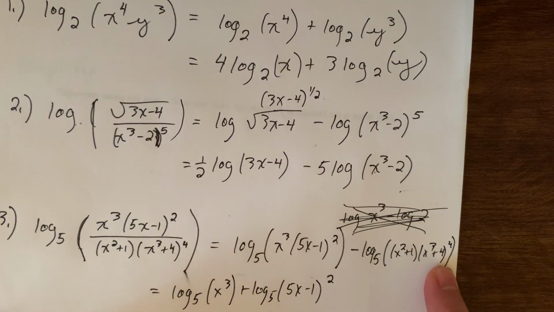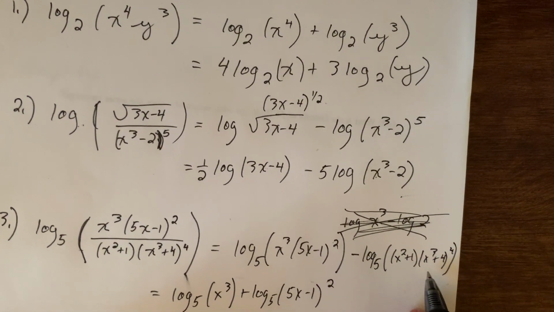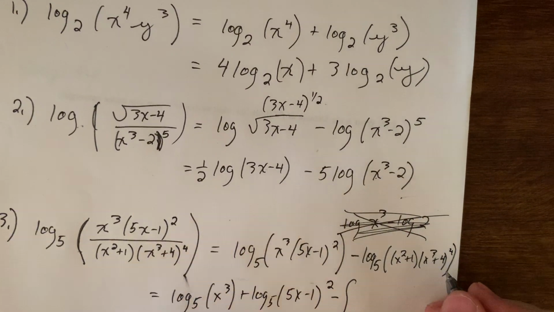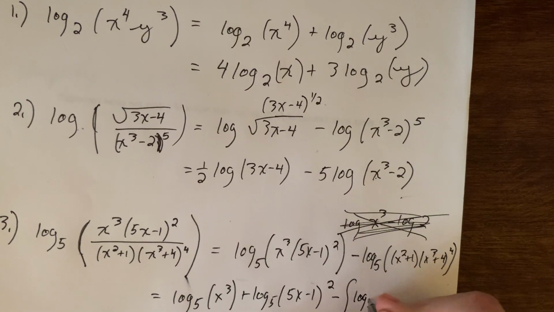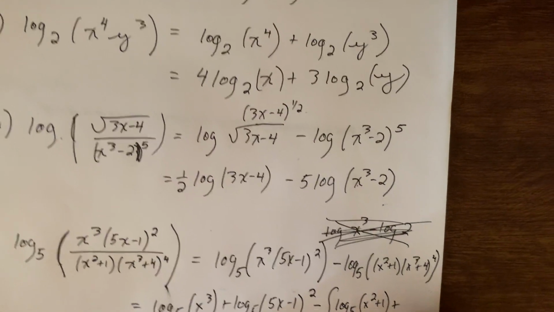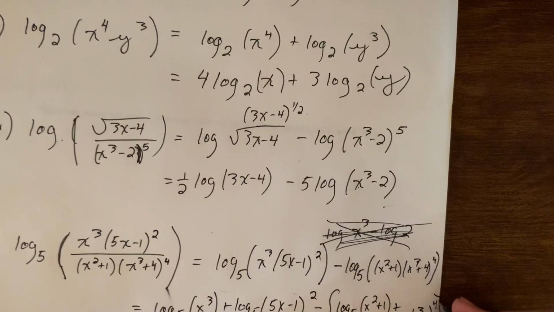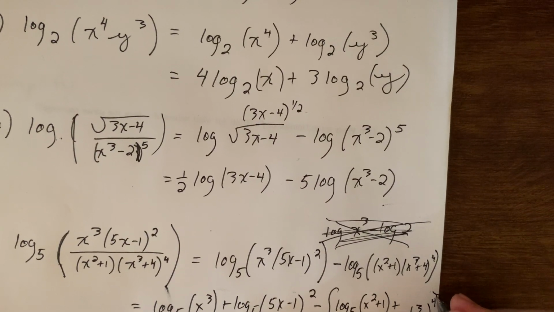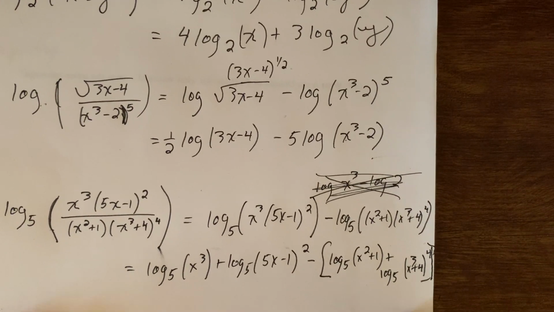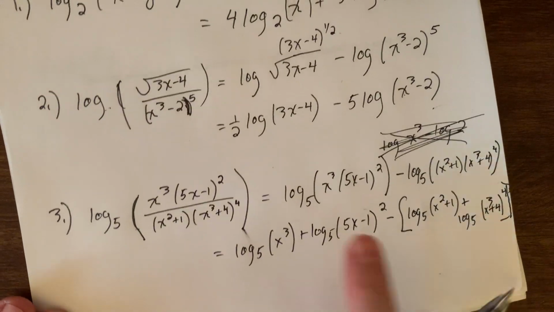But here's the tricky part, everyone. That negative is out in front of this whole log. So that negative will be out in front even after I expand log base 5 of x squared plus 1 plus log base 5 x cubed plus 4 to the 4th. If I distribute that negative, this is done.